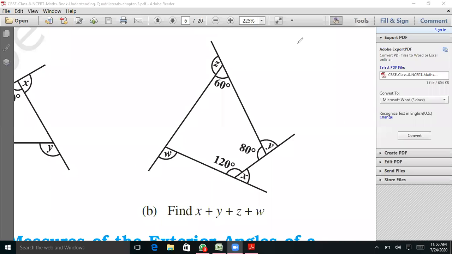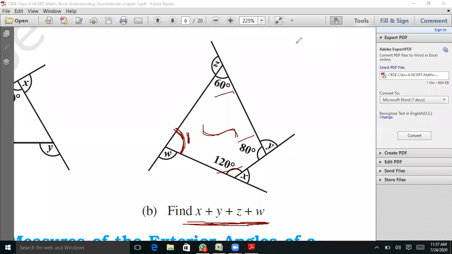Next part is D. You are to find out x plus y plus z plus w here. So firstly we need to find out all four angles of the quadrilateral. This 60 is given, 80 given, 120 given. So let's find out this angle, say this is 1.